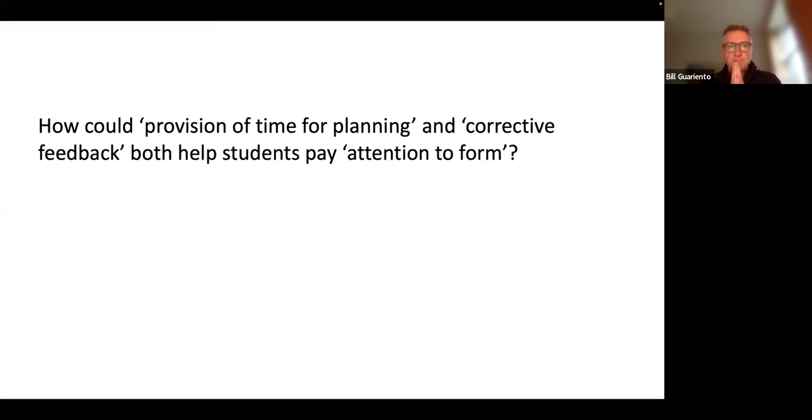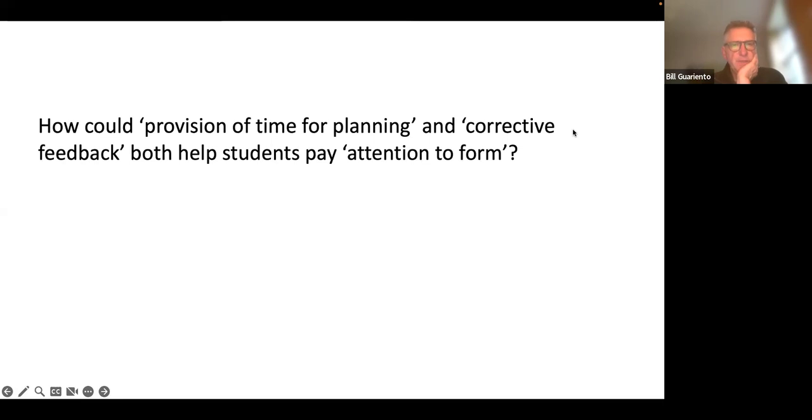So here's a question. How could provision of time for planning or corrective feedback both help students pay attention to form? Now this is a tricky question. Let's think again.